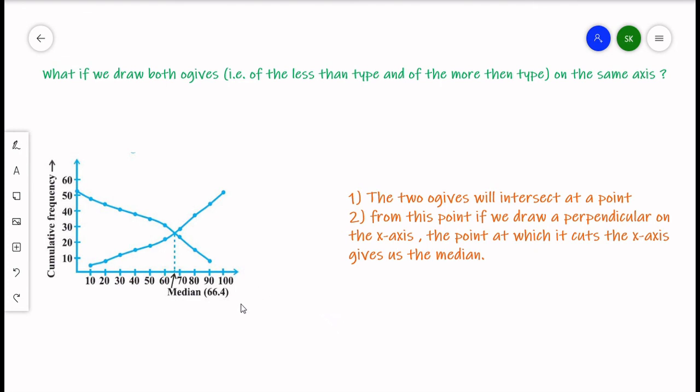Definitely both curves are going to intersect at a point. From this point, if we draw a perpendicular on the x-axis, the point at which it cuts the x-axis gives us the median. So this way, children, we learned how to find the median using less than and more than CF curves.